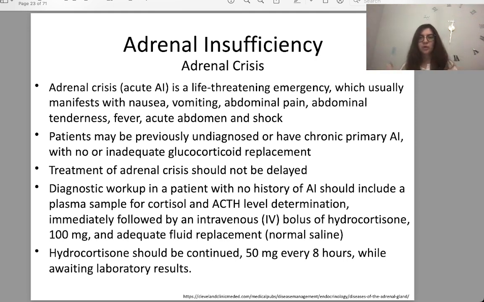We take blood for analysis and inject 100 mg of hydrocortisone if we suspect adrenal crisis, because a situation is really emergent. Hydrocortisone should be continued 50 mg every 8 hours while awaiting laboratory results.